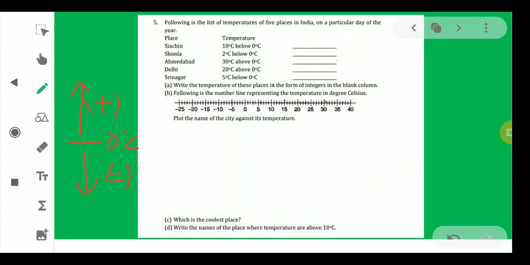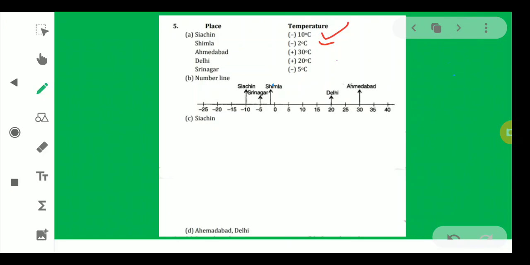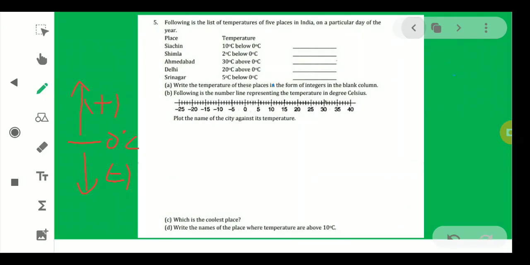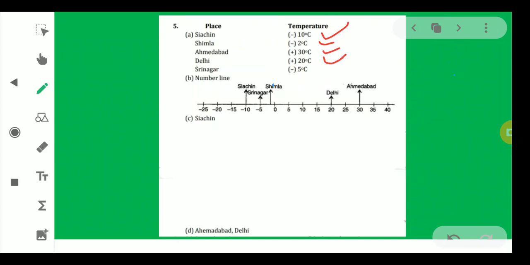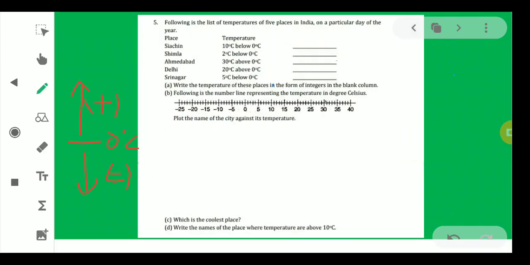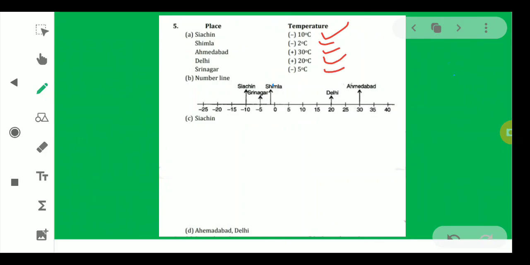So for Ahmedabad we will use plus sign. So plus 30 degree Celsius. Then it is Delhi, 20 degree Celsius above 0. So it is again above. So we will use the positive sign. We will write plus 20 degree Celsius. And the last one is Srinagar, 5 degrees Celsius below 0 degree. So it is on the negative side of the 0. So it will be written as minus 5 degrees Celsius.